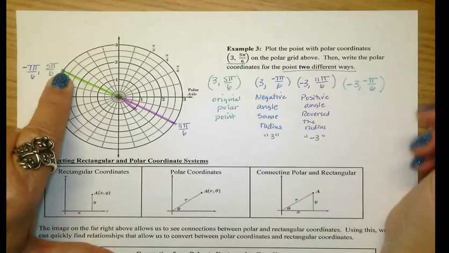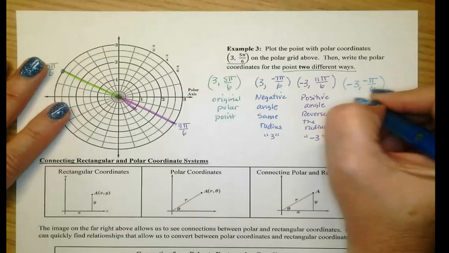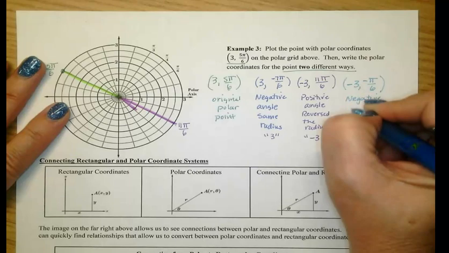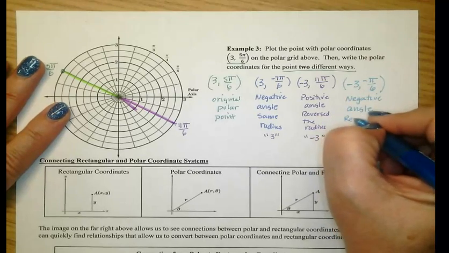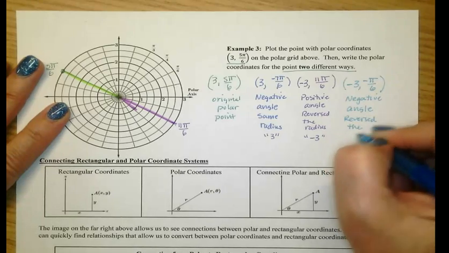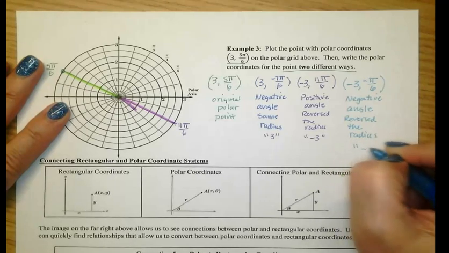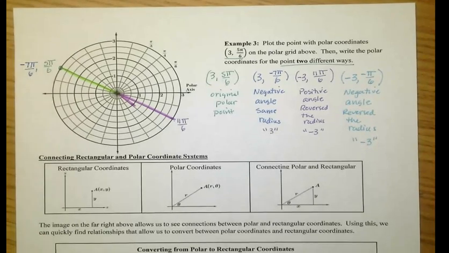So that's also going to be negative 3, which means in this case, we use the negative angle and then we reversed the radius. So that would also be negative 3. So you can see that you do have to be careful.